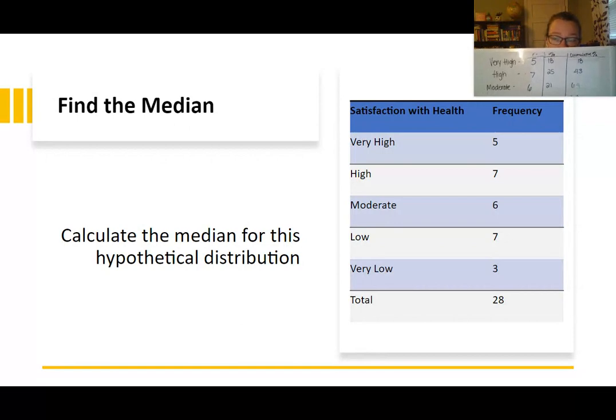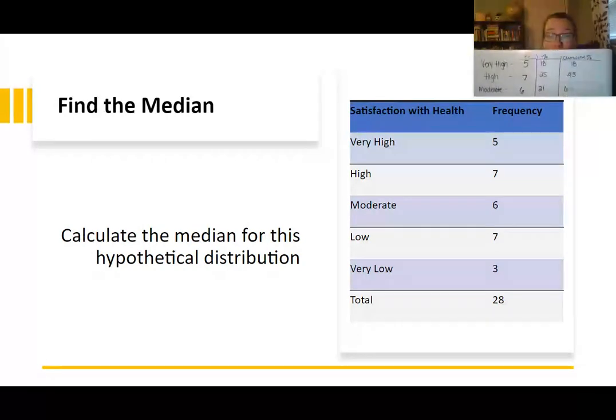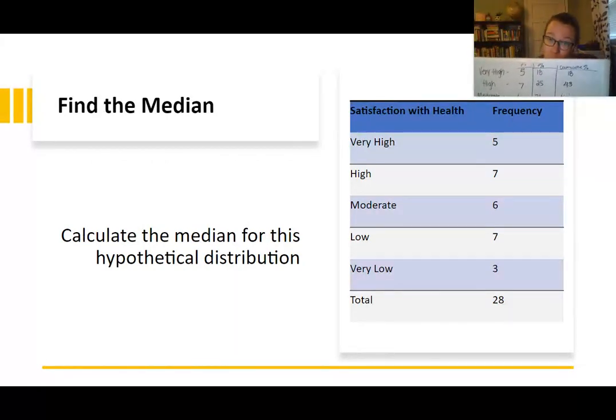And so this is how a cumulative percent can help you find the median of the distribution. If they already give you the percents or the cumulative percents, you can use this to skip having to do anything else. But we know it's between the 14th and 15th case, so we can add up 5 plus 7, that's 12, plus 6 is going to give us 18, which means that the median is going to fall within moderate.